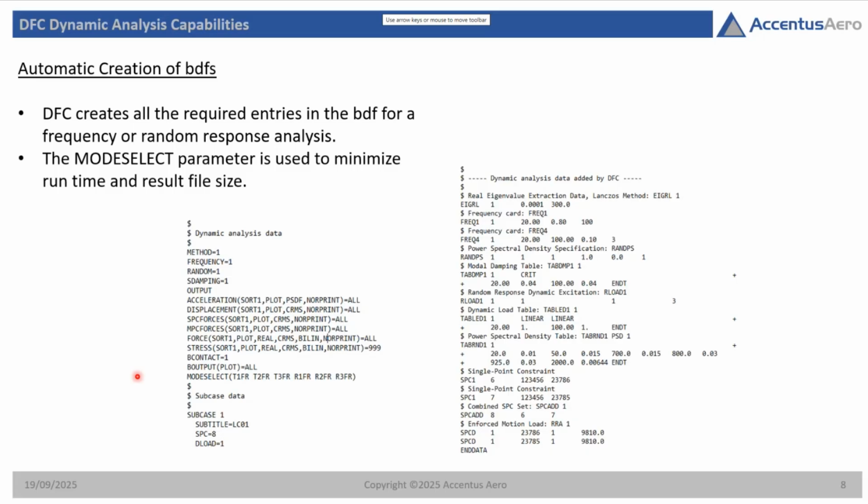What the mode select card does is filter those frequencies to find just the frequencies that contribute to 90% of the modal effective mass. From thousands of frequencies, you end up with roughly 80 frequencies. That drastically reduces your runtime and the size of the results files, because these files can typically run into terabytes, and now you can minimize this to gigabytes.